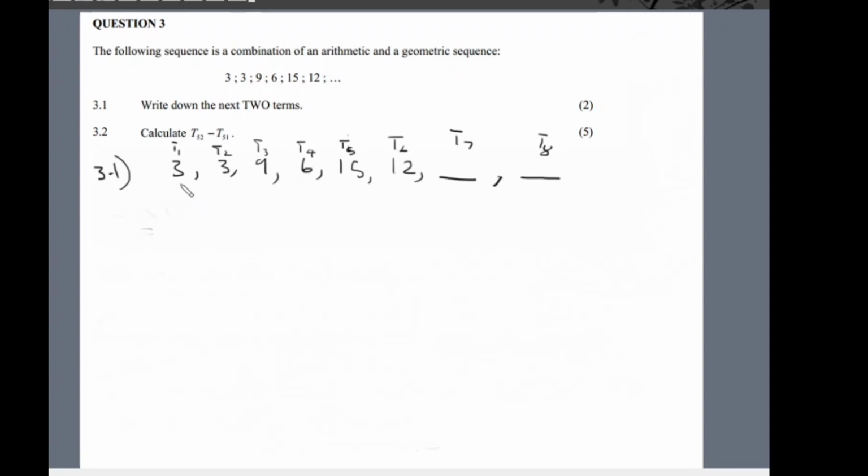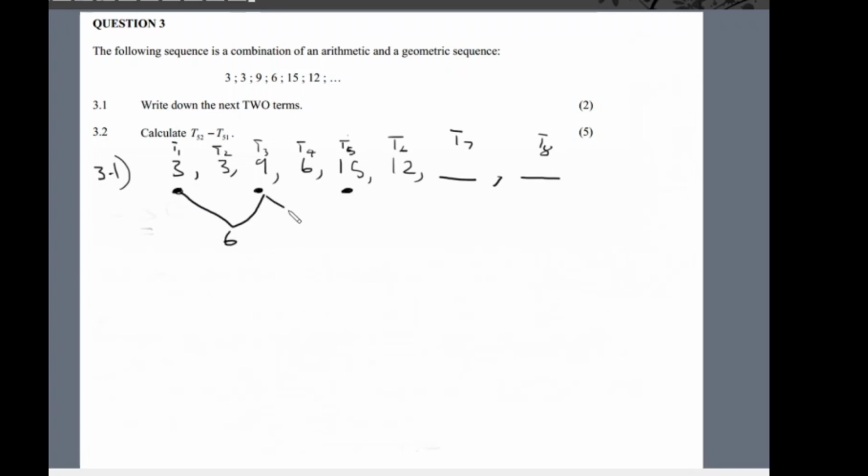If you look at term 1, term 3, term 5, those terms form an arithmetic sequence, because to move from term 1 to term 3, they added 6.